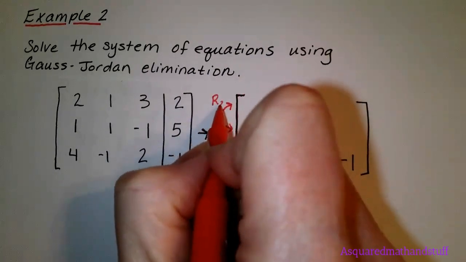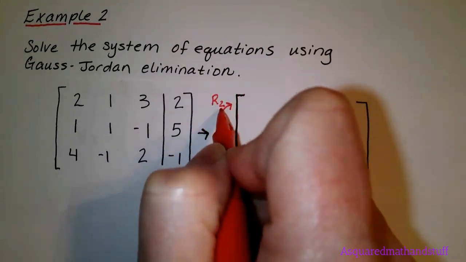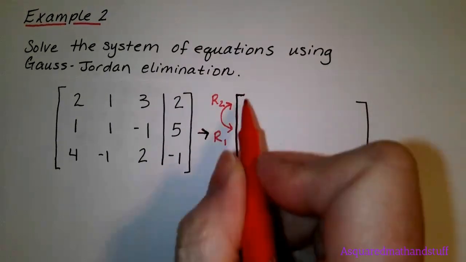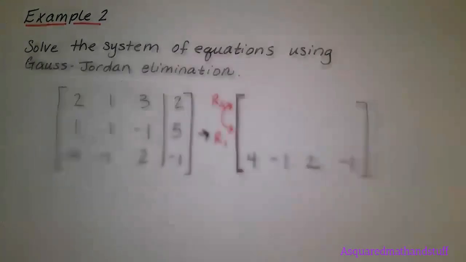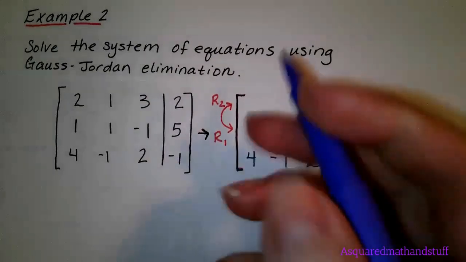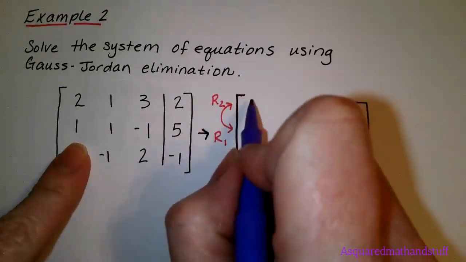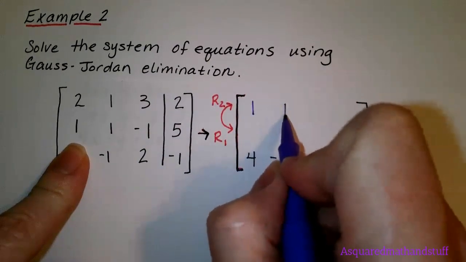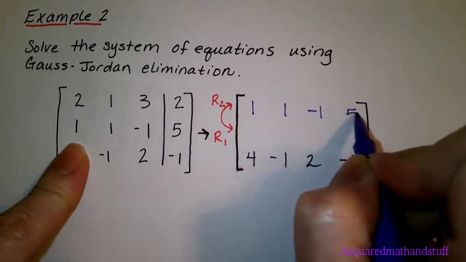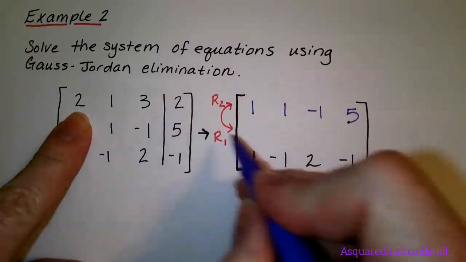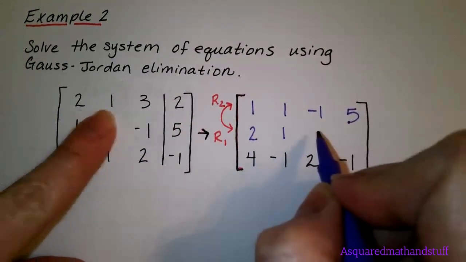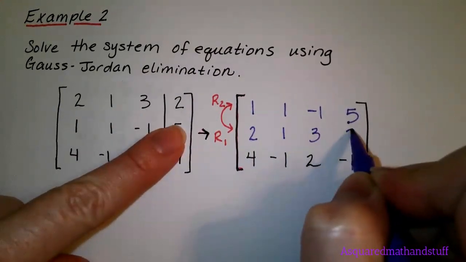We're going to write row 2 up here because this was row 2, but we're making it row 1. We're going to write row 1 here because we moved row 1 down to row 2. Our new values are then row 2 moved to row 1, so we have row 1, 1, -1, and then 5. And row 1 came down to row 2. Those values are 2, 1, 3, and 2.